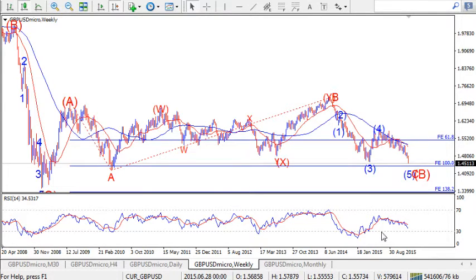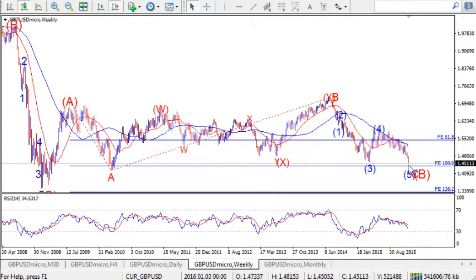The momentum indicator here on the weekly chart shows a very large divergence. Here we have made a new low on the price chart, while on the momentum indicator, on the RSI, the oscillator remains above the 30 threshold.